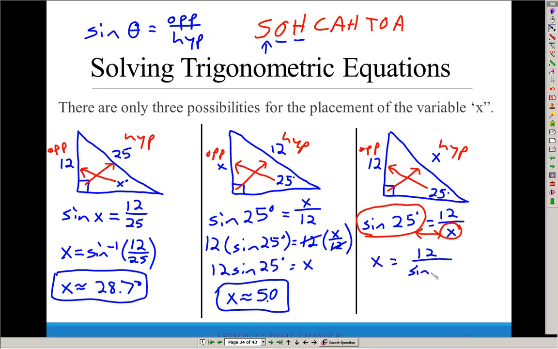Sine of 25 is the new denominator. And now I'll punch that in. 12 divided by sine of 25 is approximately 28.4. So when x is the denominator, trade it with the other side. When x is the numerator, multiply both sides by the denominator. And when x is the angle, do the arc sine.